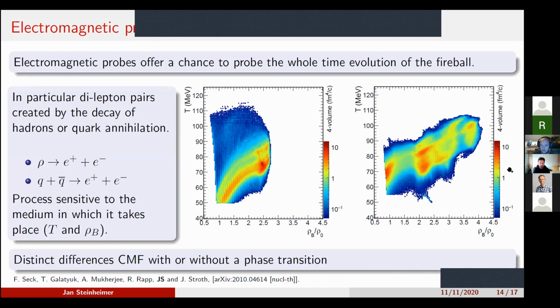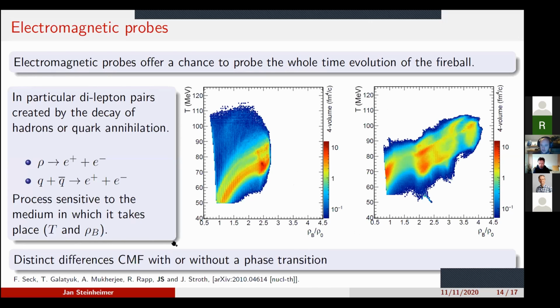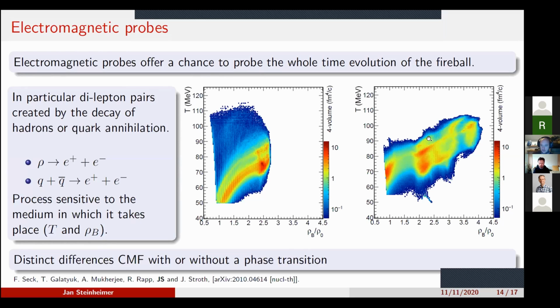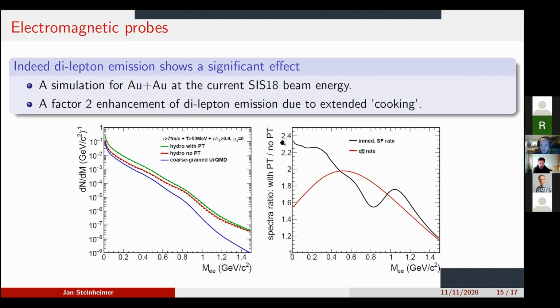And what we showed here is, if you take two different parameterizations of this chiral mean field model, on the left-hand side the one which we fitted to all the lattice data and the neutron star data, on the right-hand side one where you just artificially introduce the phase transition, then you see already that the evolution in the T and rho diagram of these systems at FAIR energies is very different, and this actually translates into a huge effect in the produced dilepton rate.